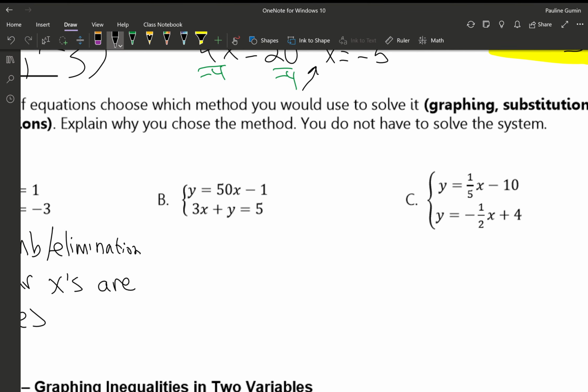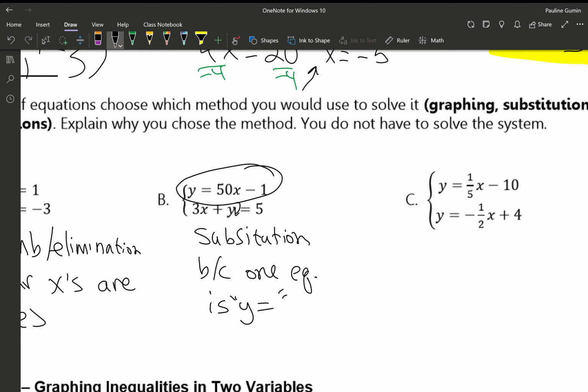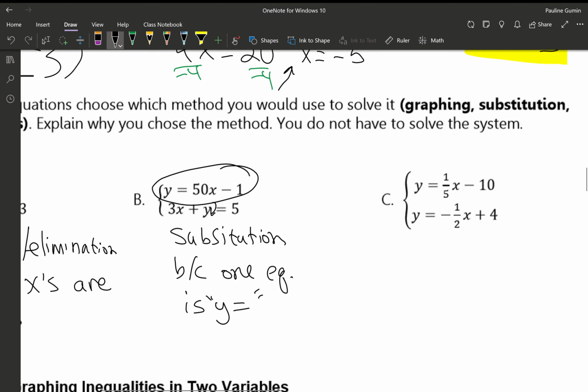Letter B looks like it would be better with substitution because one equation is y equals. So since we have one equation that's y equals, that means I could take it and plug it into that bottom equation, solve for x, and then find y after that.